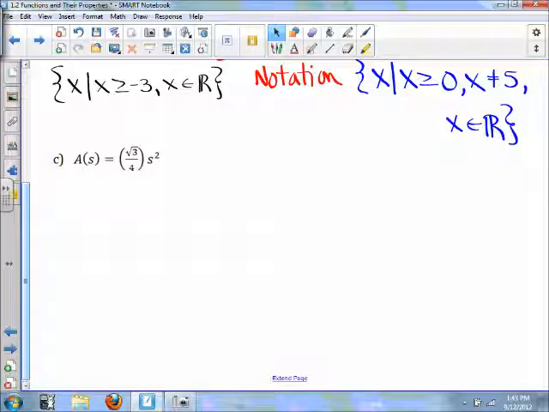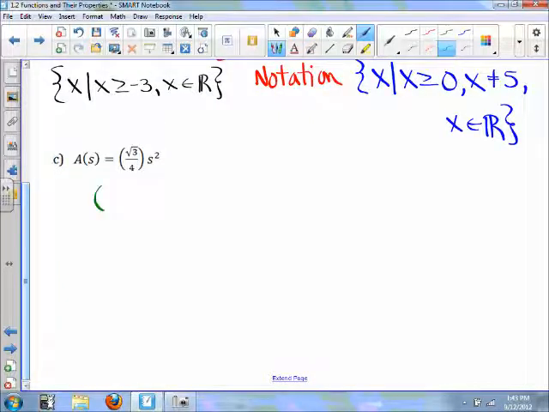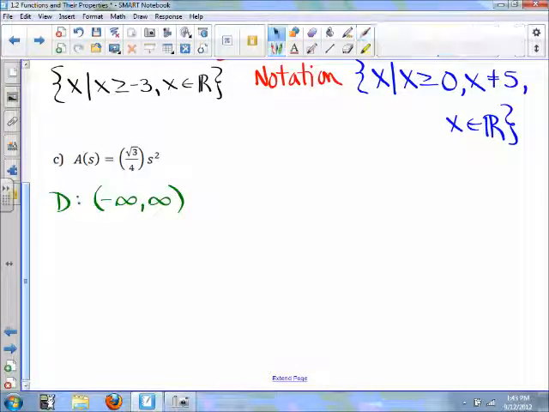Now moving on to part C, it says A of s equals the square root of 3 over 4 times s squared. Now really, because it's just s squared, we're squaring the s, there's no value that it cannot be. So my domain, so negative infinity to infinity will be my domain. To put this in set builder notation, you go like this.